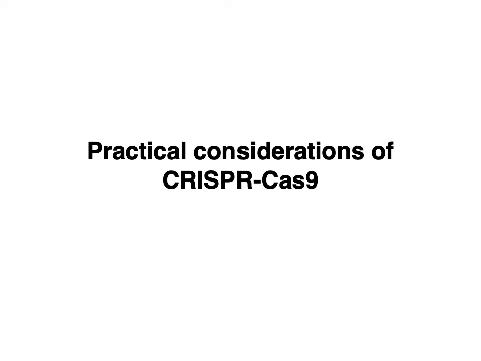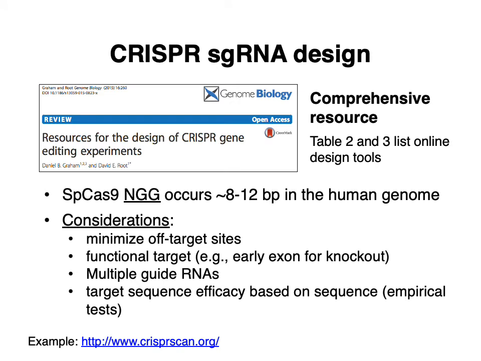So there are a number of practical considerations when using CRISPR-Cas9. In terms of practical considerations for CRISPR single guide RNA design, there's a few of them. First of which is that, as I mentioned earlier, SP-Cas9 has a recognition PAM site of NGG.